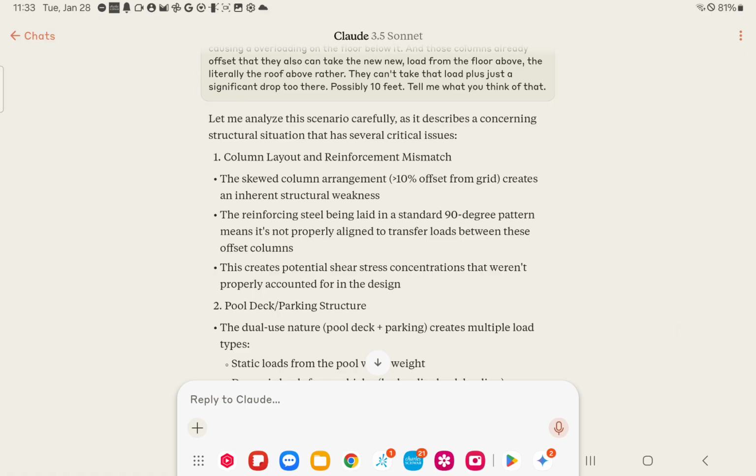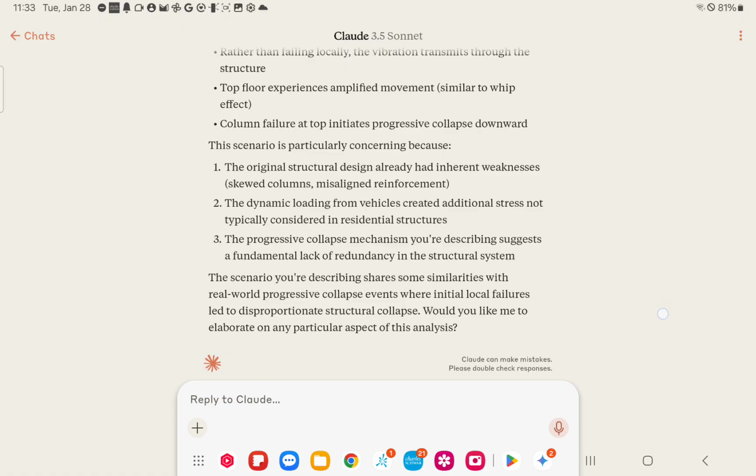One, column layout and reinforcement mismatch. The skewed column arrangement of greater than 10% offset from grid creates an inherent structural weakness.